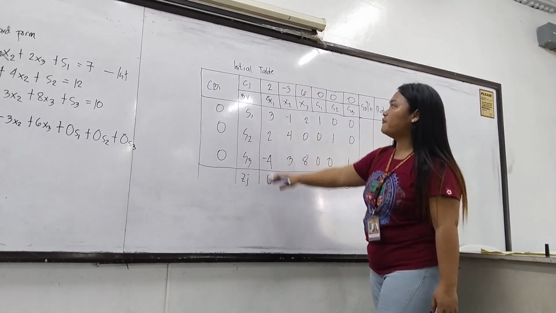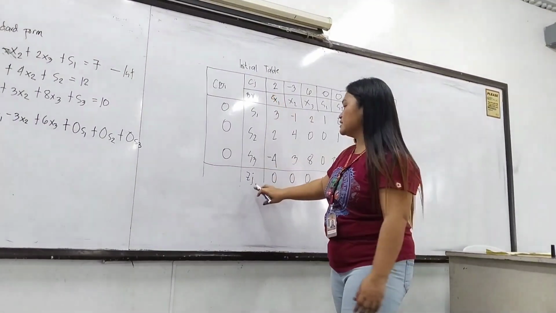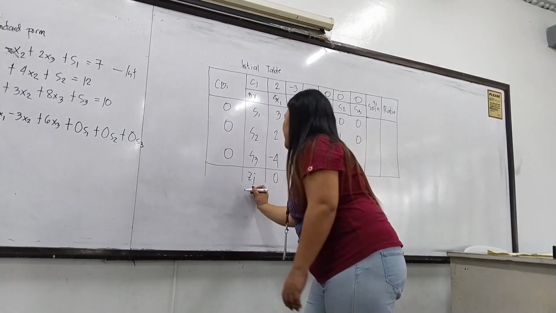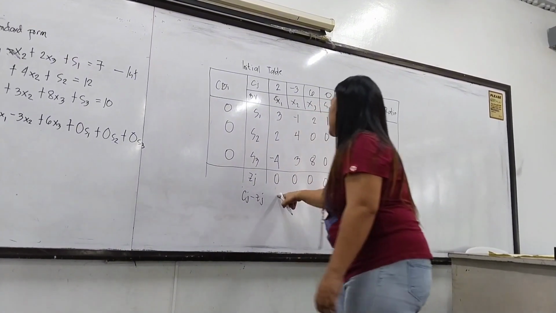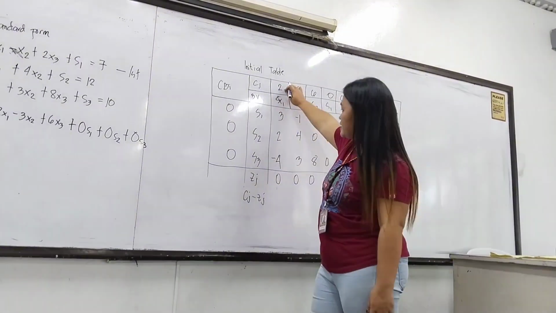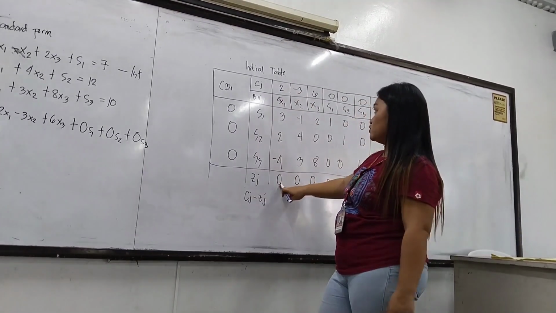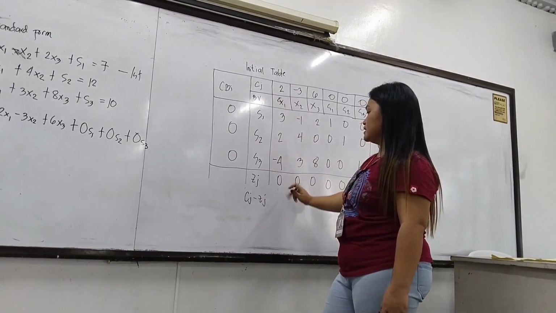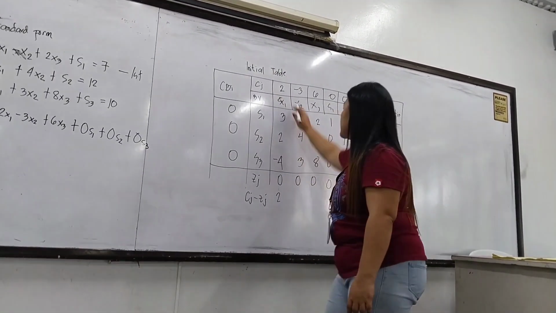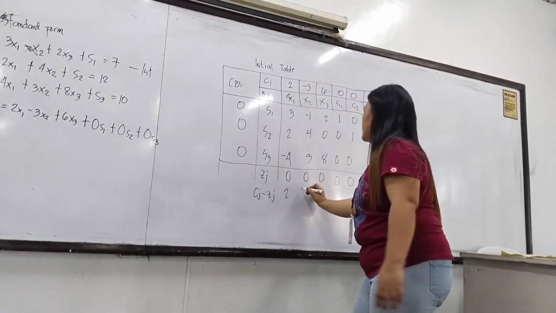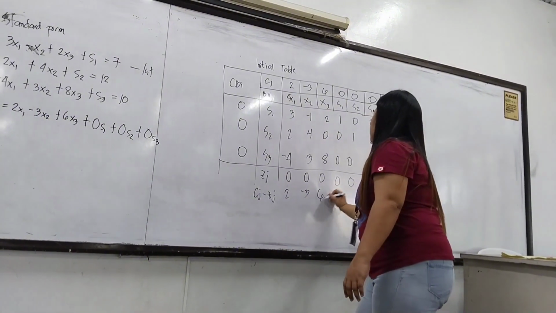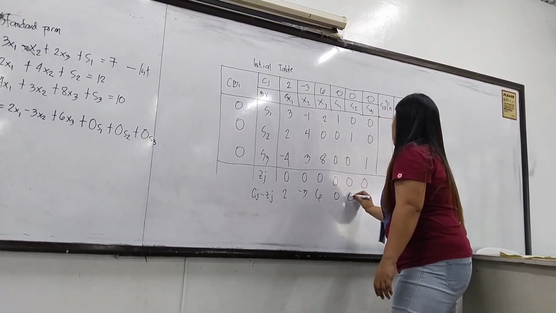Then we can now find the CJ minus ZJ. CJ minus ZJ, this is the formula to find here. So CJ here is 2 minus 0, so 2. So we just need to copy this one because these numbers are all negative 3, 6, 0, 0, 0.